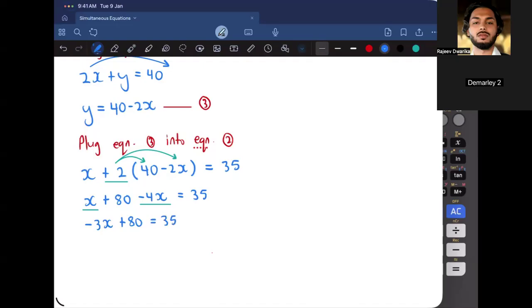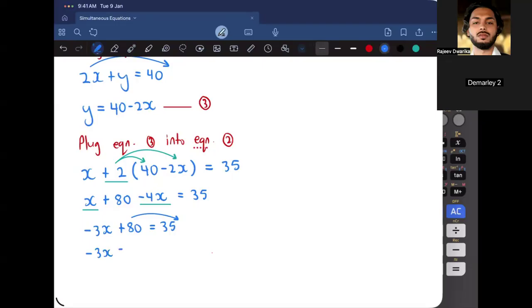Okay. And I want to find for x, so I need to move across what? You need to move across the three. No, no, the 80. That's the 80, not part of the x term. You need to move across the 80. And if I move across the 80, it's going to become what?